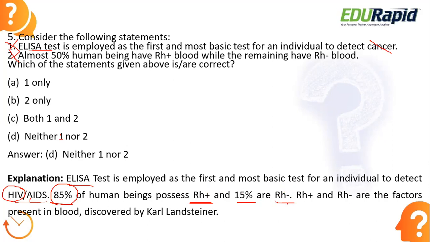Both of these factors are present in the blood, and it was all discovered by Karl Landsteiner, who detected this Rh protein in blood samples by experimenting on a rhesus monkey. Clear? Move to the next question now.